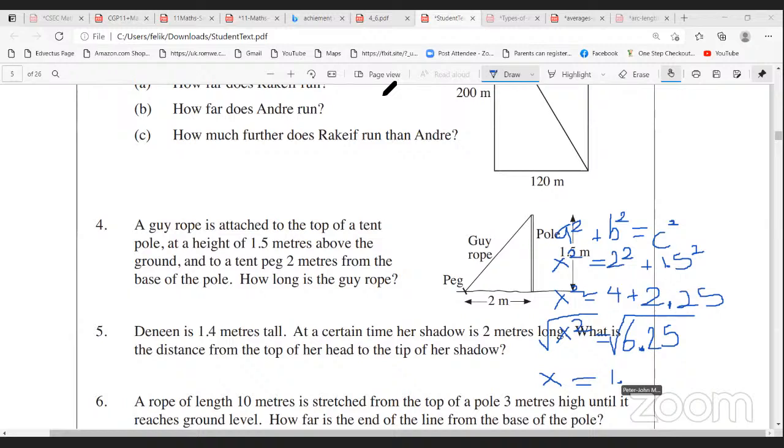You sure x is 1.5? It can't be 1.5, because the square root of 4 is 2, and the square root of 6.25 has to be more than 2. Never mind, it's 2.5. You want to know what I put in the calculator? It's 2.5.